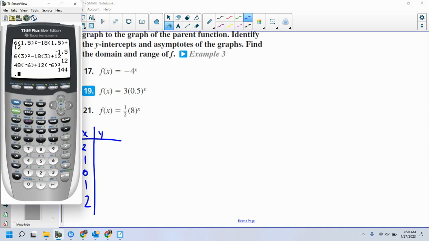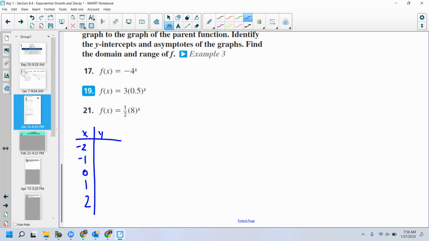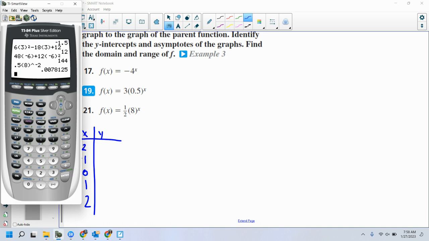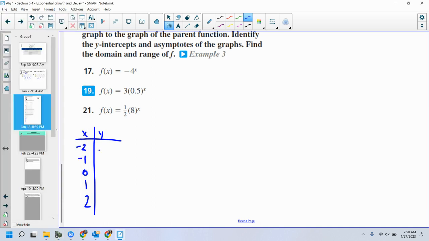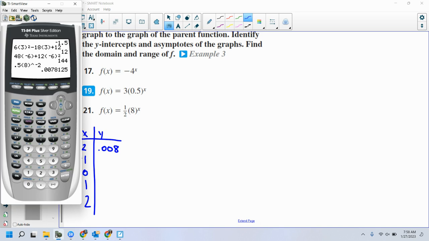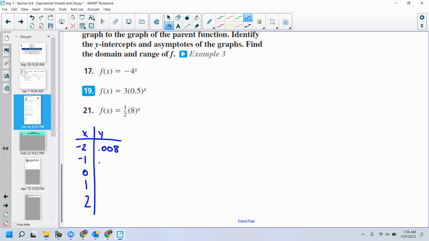We've got 0.5 times 8 to the -2. That is 0.008. Negative? No, positive, 0.008. And then we have -1. Same thing: 0.0625.